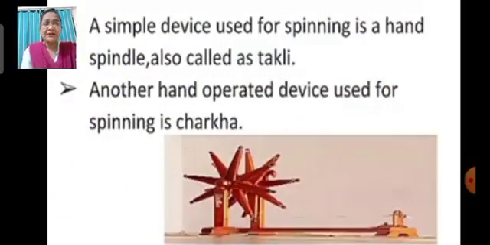Children, a simple device used for spinning is a hand spindle, also known as takli. Another hand-operated device used for spinning, which is a very well-known device, is called the charkha.